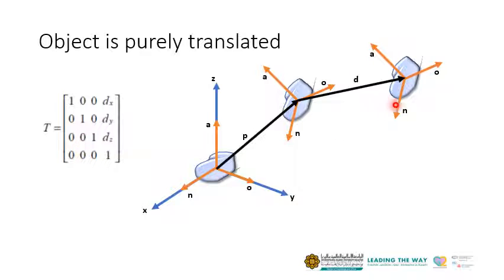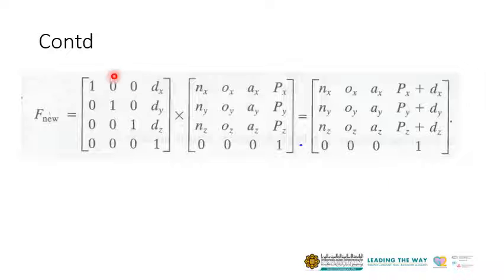Now, how do we get this new frame of reference with respect to the original frame of reference? This can be done by taking this transformation matrix, which is basically a translation, and multiplying it with the original frame representation, and then you get the new frame representation.